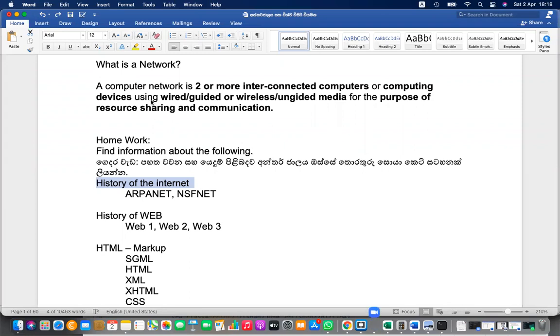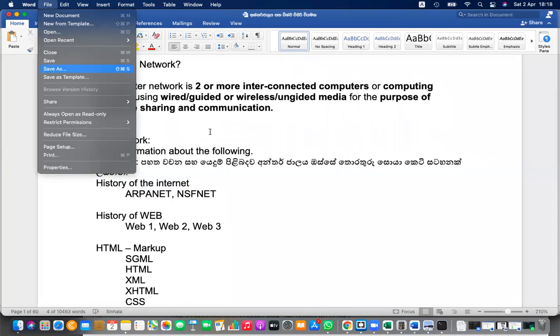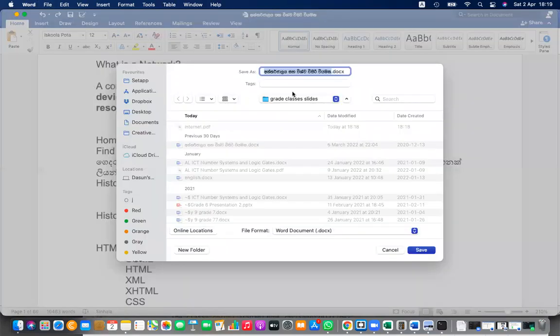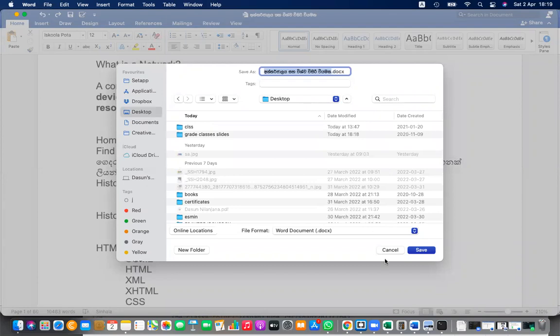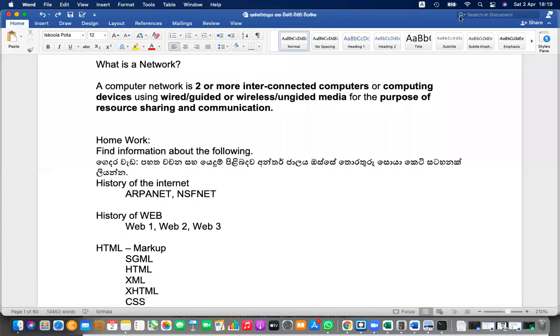Okay, here I'm attaching the note. Let me quickly attach the note.